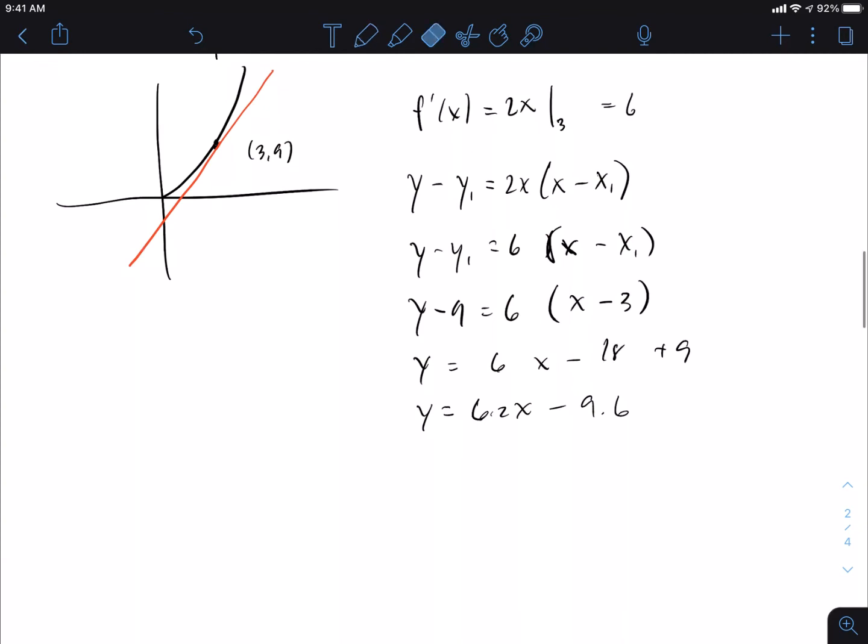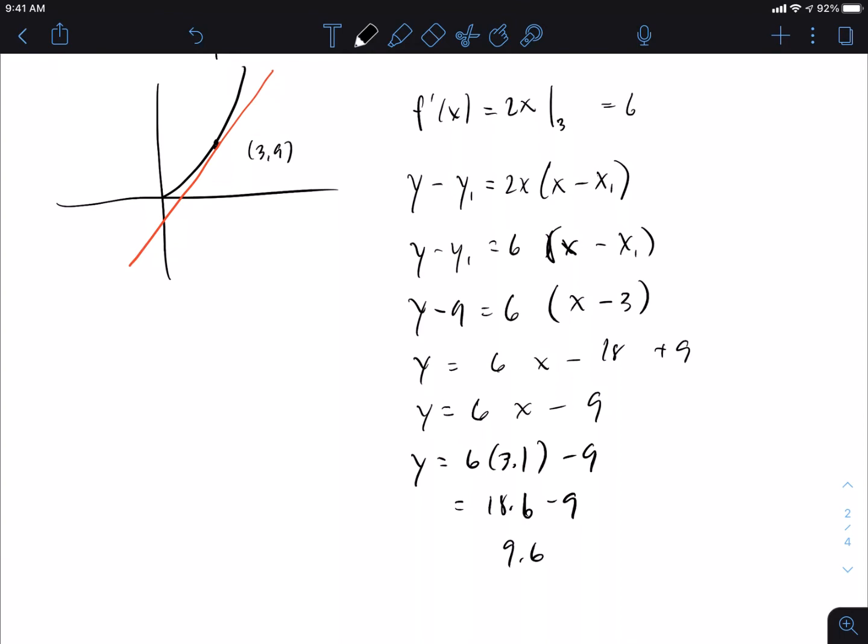This will just be a straight 9, and then I'm going to plug in the 3.1. So when I plug in 3.1, I'm going to get y is equal to 6 times 3.1 minus 9, which is going to give me 18.6, I'm sorry, and I'm going to get an approximation of 9.6, right?